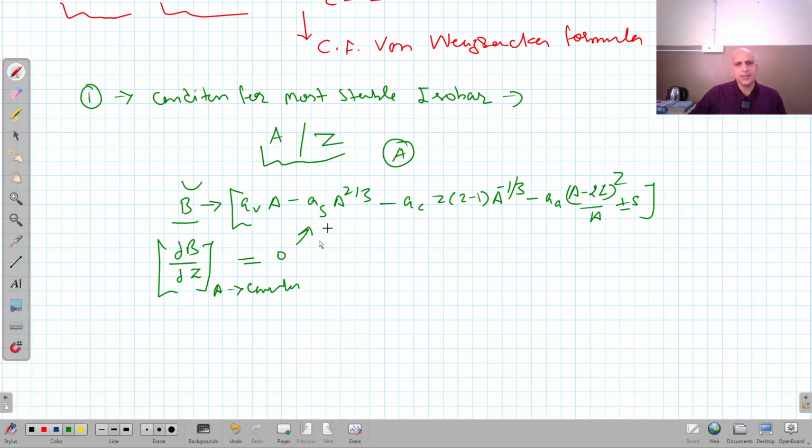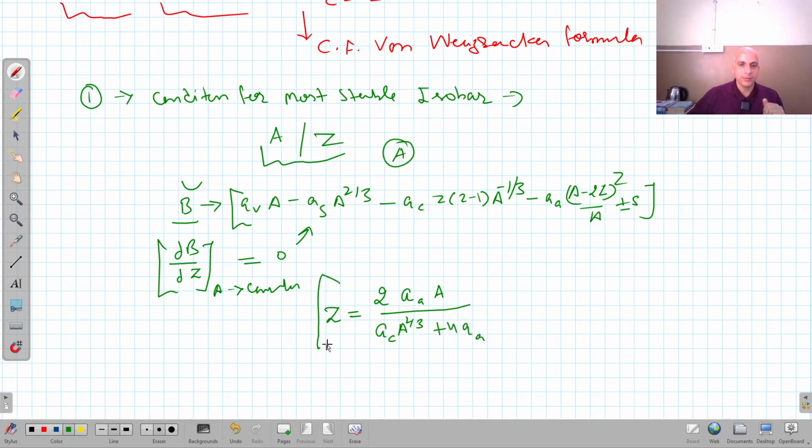So if I apply this condition to this equation, I will get the atomic number of that isobar which is most stable, and that atomic number is given as Z = 2 a_sym A divided by (a_C A^(2/3) + 4 a_sym).